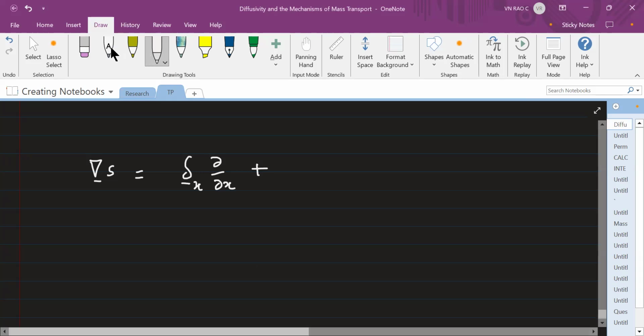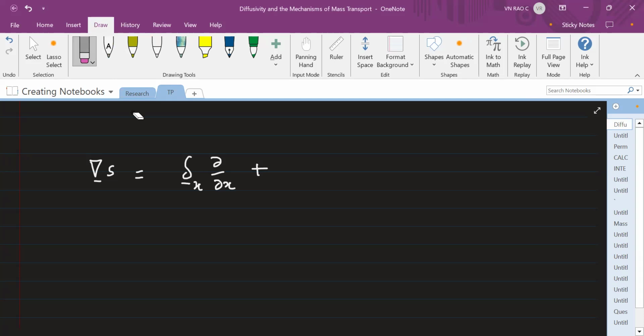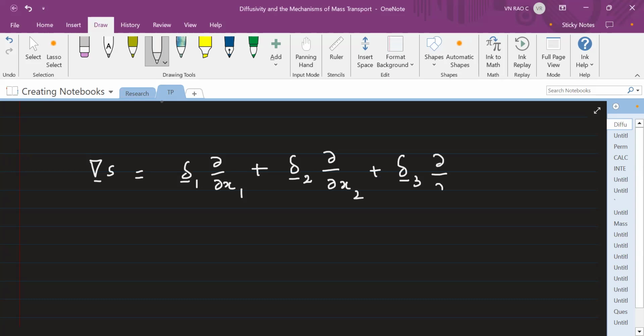So I can refer to it like this: delta 1 tau by tau x1, delta 2 tau by tau x2, plus delta 3 tau by tau x3. So this is the del operator definition.